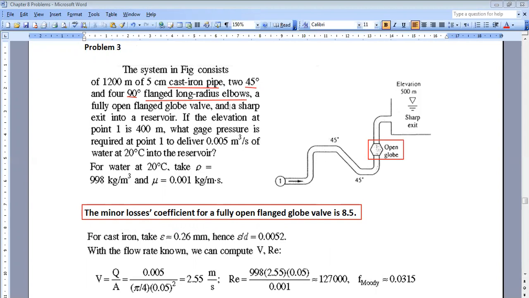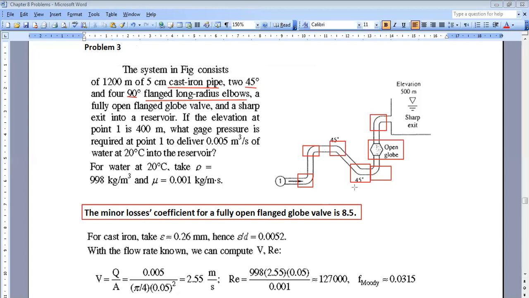I still need to find K for my 45 degree and my 90 degree elbows. They said that I have four 90 degree elbows. Even if they don't tell you the number, you can look at the figure. So I have two 45 degrees, and for 90 I have 1 and 2, and here's 3, and here 4. So two 45 and four 90.